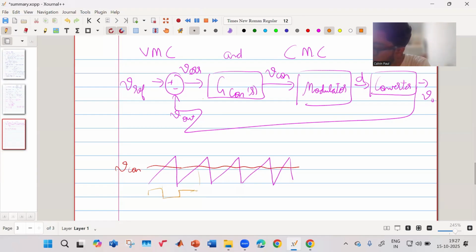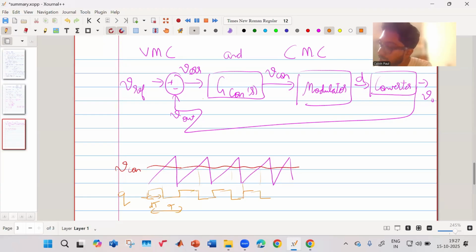This is what will generate your duty. This is what is generating your gate signal Q, and this is your D into T, and this entire period is your time period T.